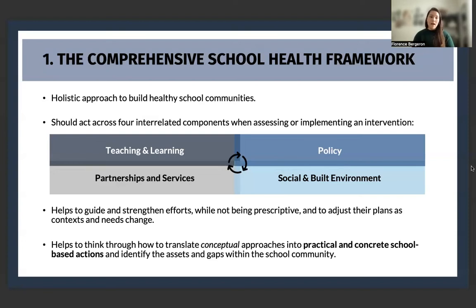And then finally, we have the partnership and services, which are really all the interactions between organizations, a school and other community programs, even between the school and the families. Youth's families are important here as well. And how can we leverage these relationships to do more, to be better together?